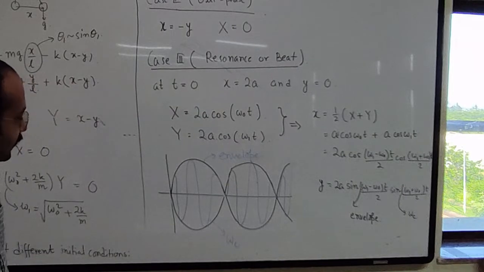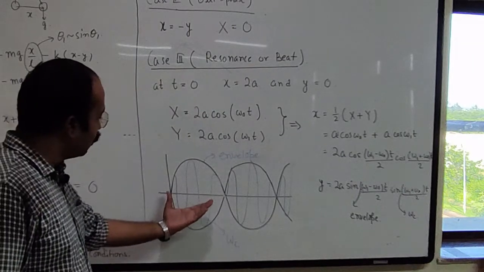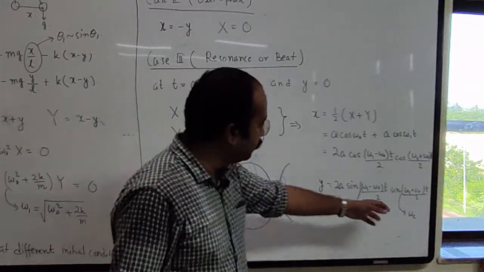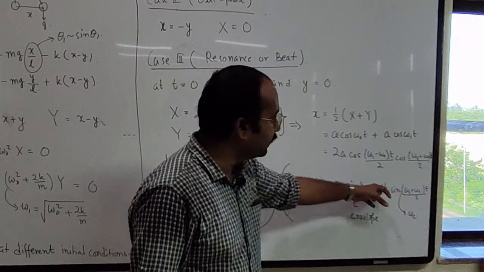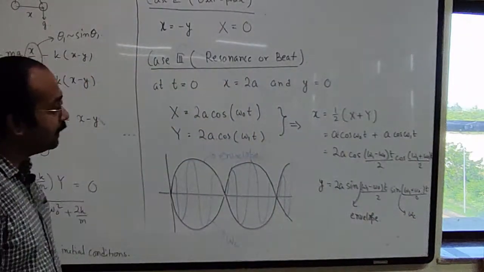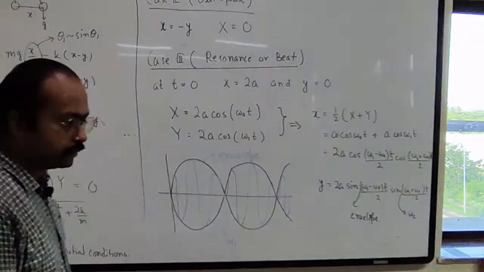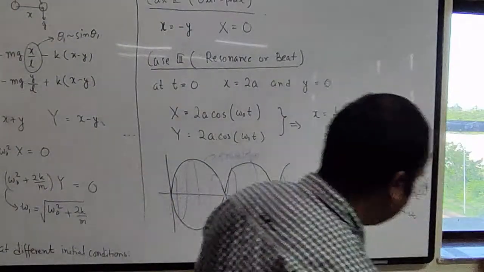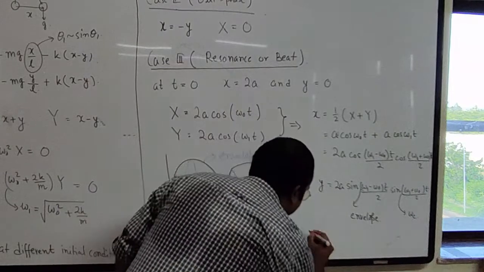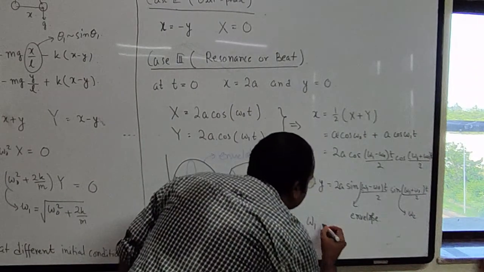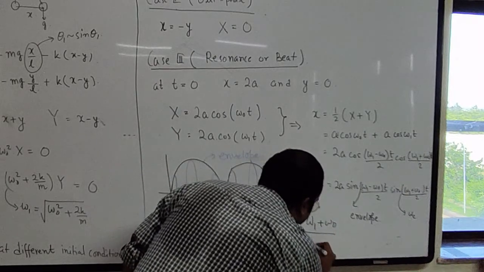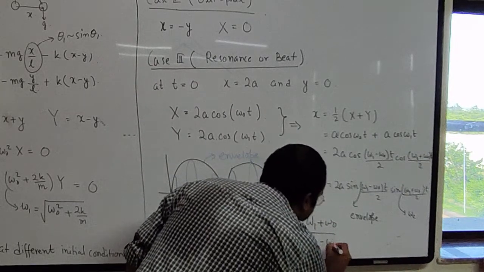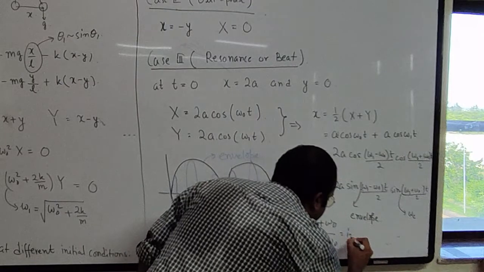Now this is an ideal situation, when the ratio of the frequencies, omega 1 plus omega naught divided by omega 1 minus omega naught, is an integer.